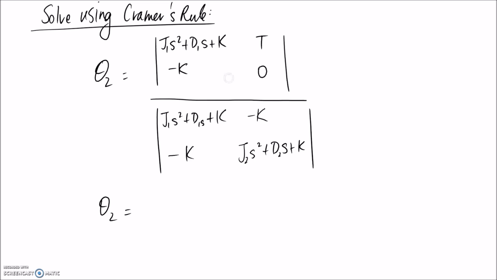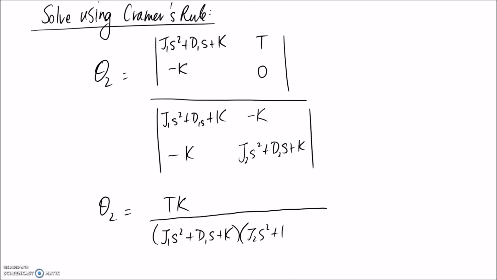For the top one, it's going to be this times this, which is 0, minus this times this, which is tk. And for the bottom line, we've got this times this, minus this times this, so it's like negative k squared.